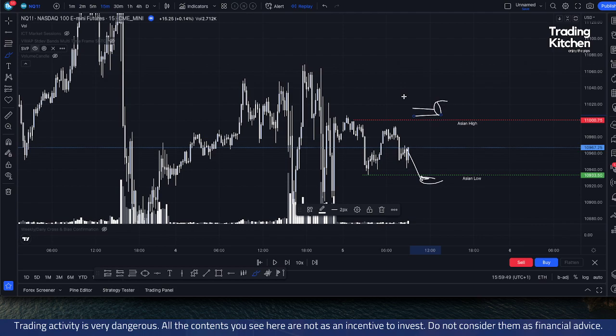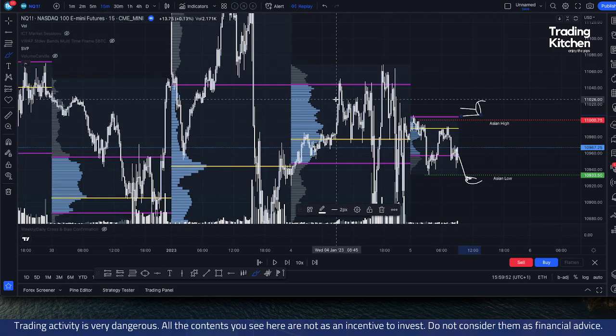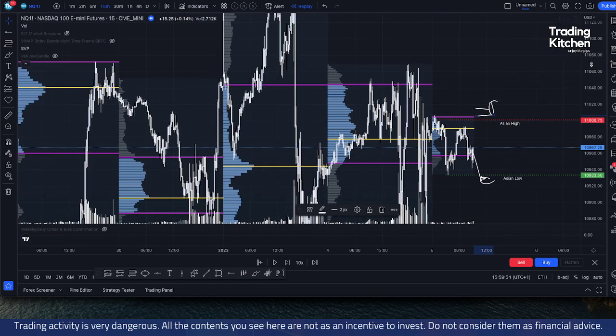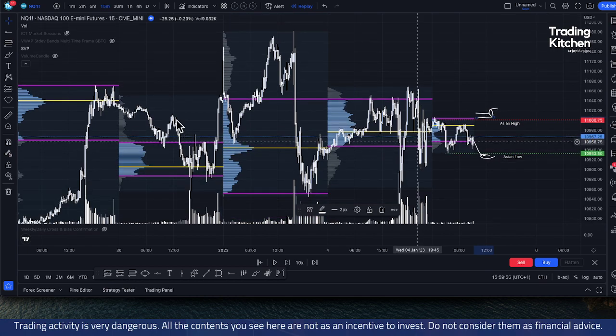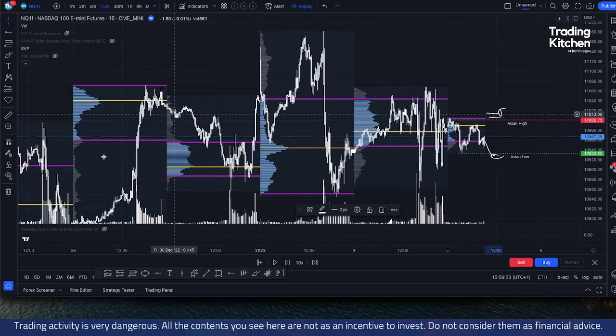Session volume profile. This is a very useful indicator that helps me have a quick view of the volume, of the value area inside every daily session.